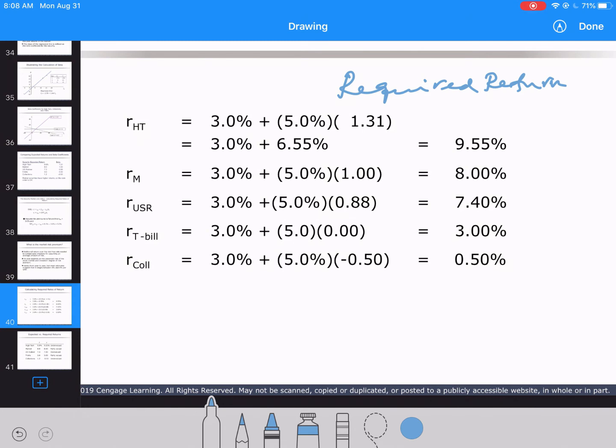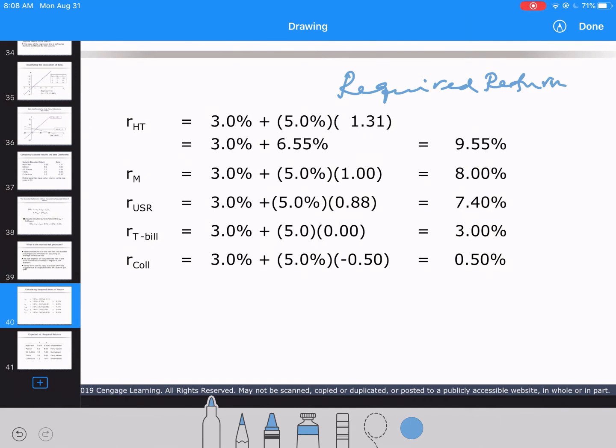So far, when we looked at the existing knowledge of how to treat risk, we called them expected returns because they were based on probability. And this one is the required return.